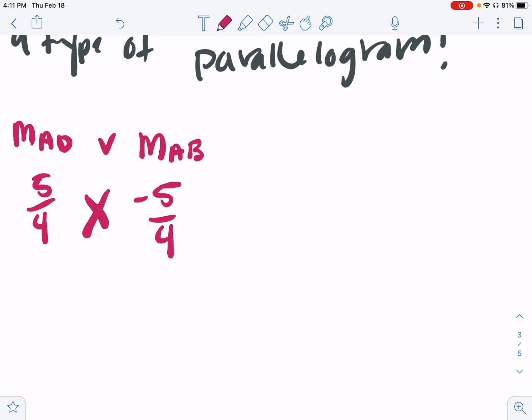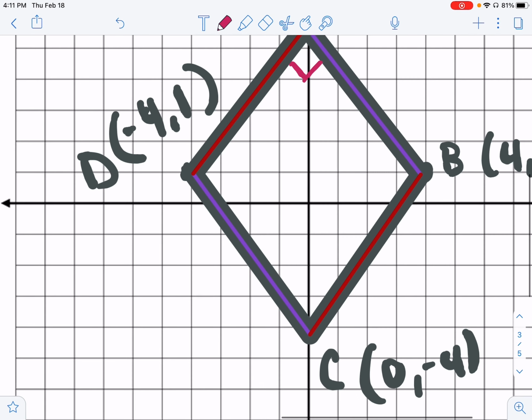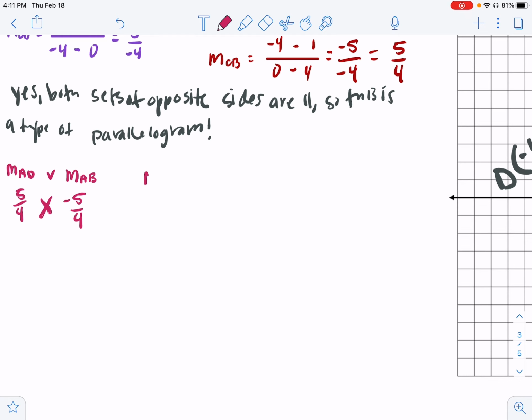Nope. Now some of you guys are going to say, yeah, those are parallel, or sorry, perpendicular because they're so similar to each other. But they are opposite, but they are not reciprocals. So these are not 90 degrees. Now, I always like to double check because if I mess something up here, it may have just told me that I calculated something wrong. So I'm going to see, is AB and CD also not?